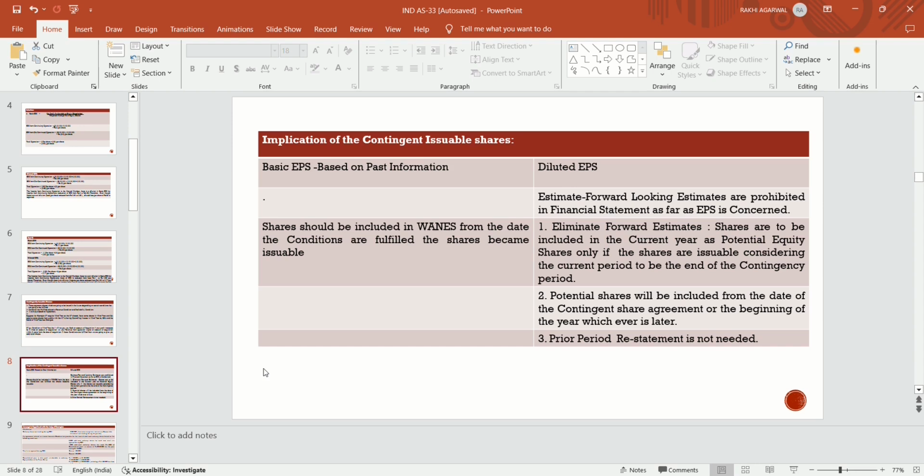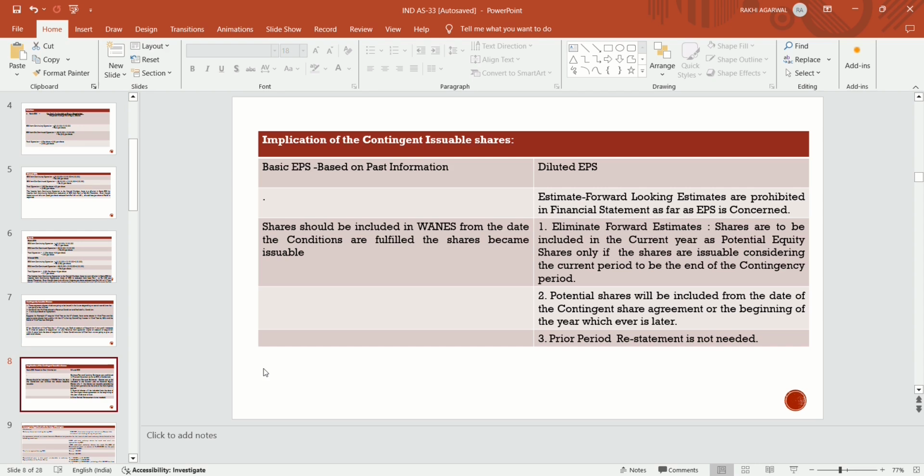there is inclusion in WANAS in order to calculate the basic EPS. In case of diluted EPS, what happened? Estimates means we have to estimate. Forward looking estimates are prohibited in financial statements as far as EPS is concerned, because we can't calculate an EPS on the basis of estimation. So what we will do, eliminate forward estimates.